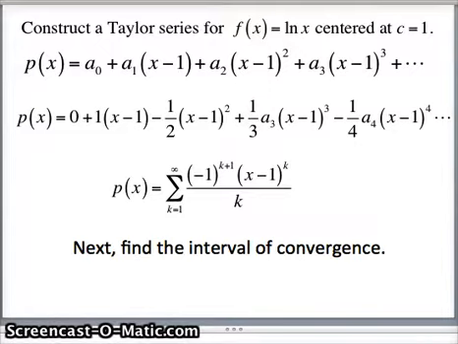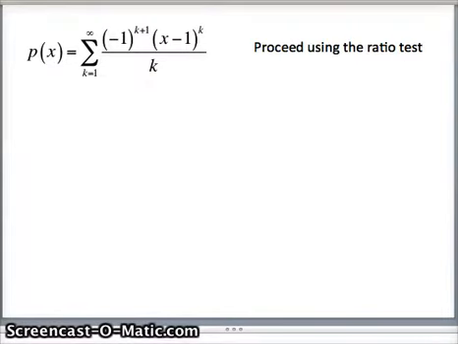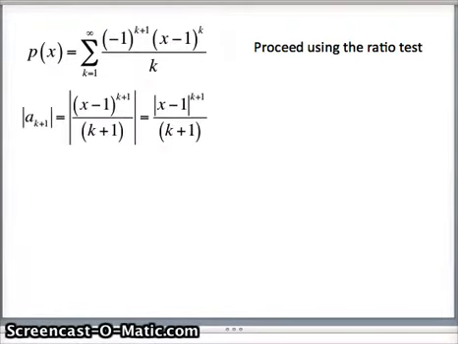So we're going to play with the ratio test. So how does that work? We're going to look at absolute a sub k plus 1. With the absolute value, the sign flasher goes away. So we get absolute x minus 1 to the k plus 1 over k plus 1 for absolute a sub k plus 1.